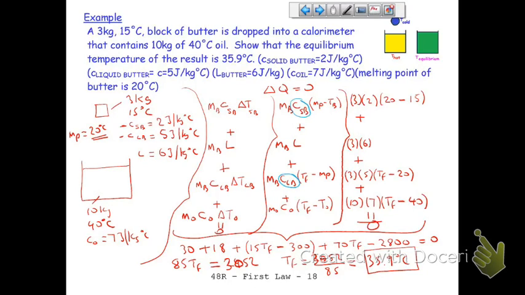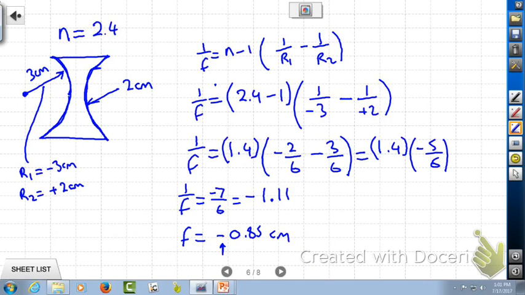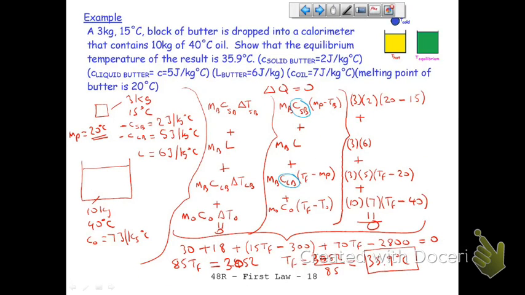When we had ice and water, they were both the specific heat of water. In the previous example, they were both water, so they were the same numerical value.